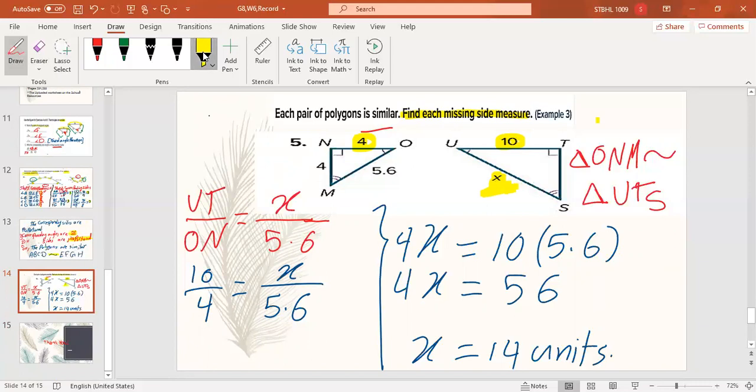We will write the proportional relationship using line segment UT over ON equals line segment US over line segment MO, where US is X.